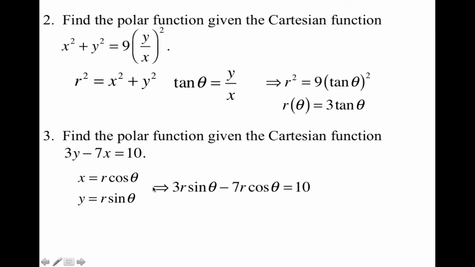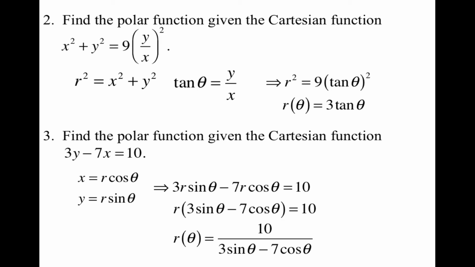So therefore, I can replace y with r sine theta, and I'm going to replace x with r cosine theta. My goal next is to solve for r. So I can factor out an r and divide by the 3 sine theta minus 7 cosine theta to get r by itself.